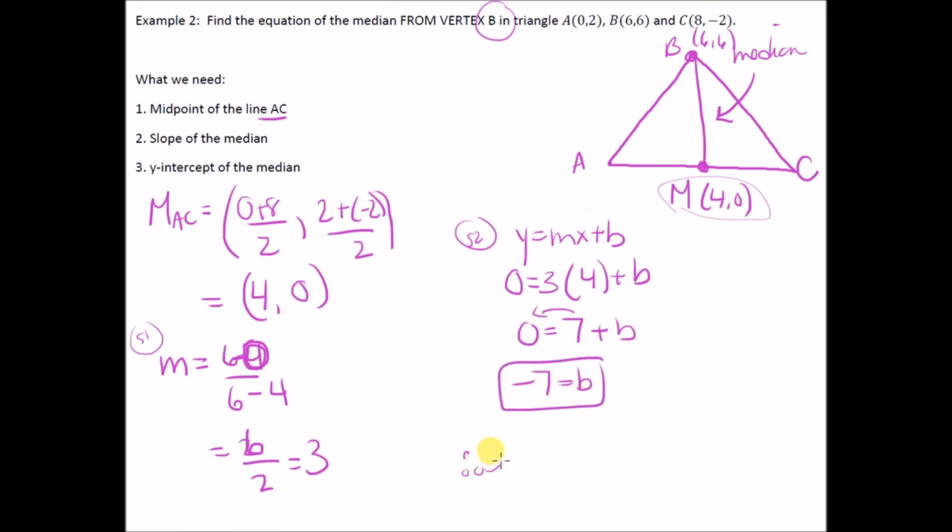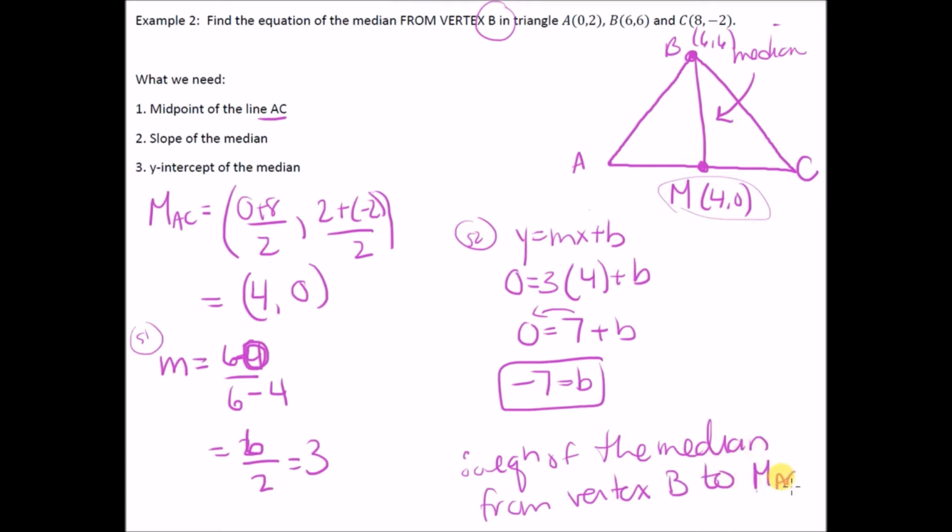So therefore, the equation of the median from vertex B to the midpoint of AC is y equals 3x minus 7. So if you think about it, it's not actually a really long question. It's just find the midpoint and then the equation of the line, and we're done.